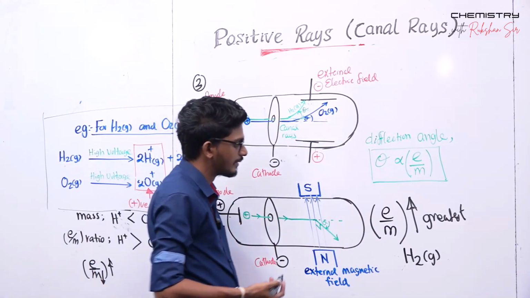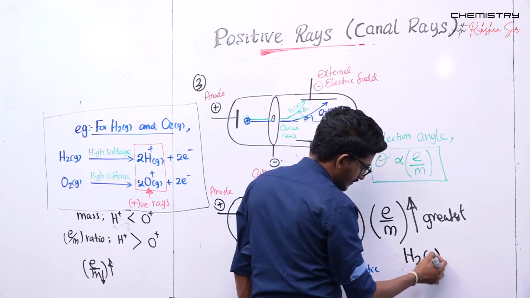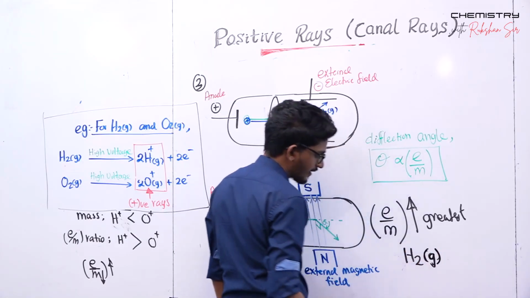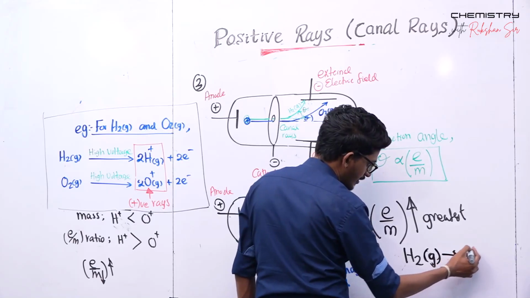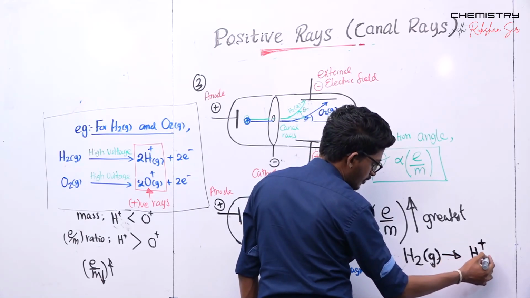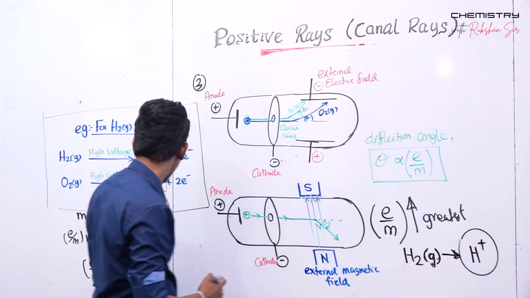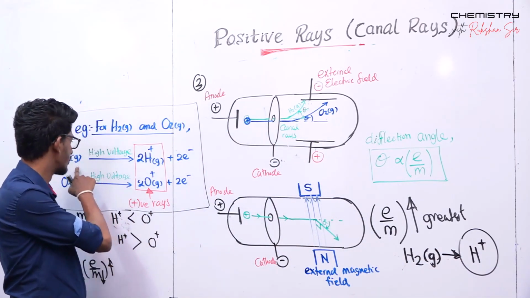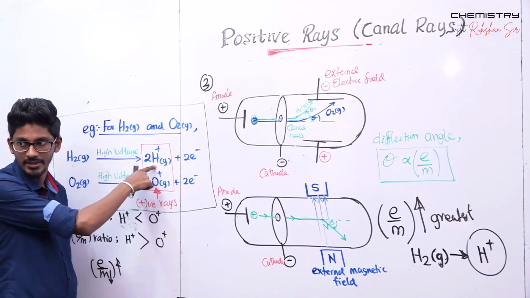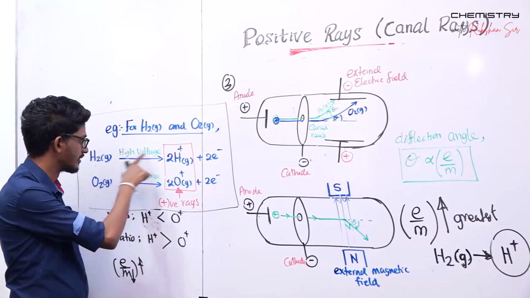The positive ray particle of the H2 gas is H plus.